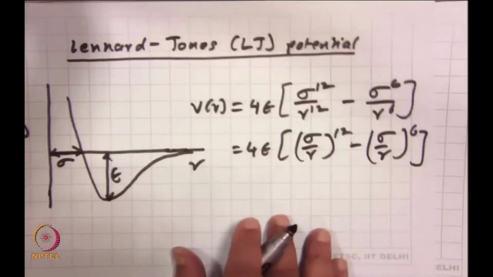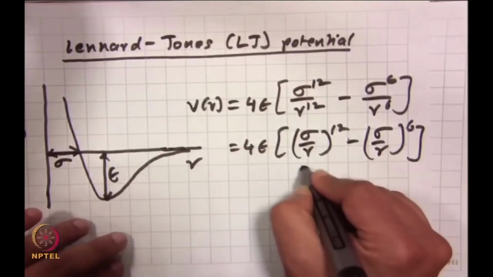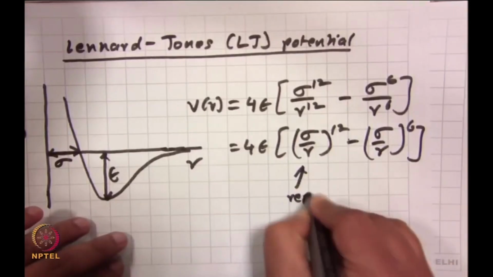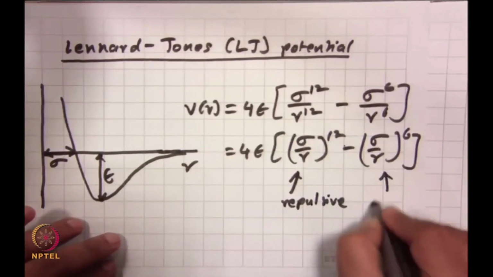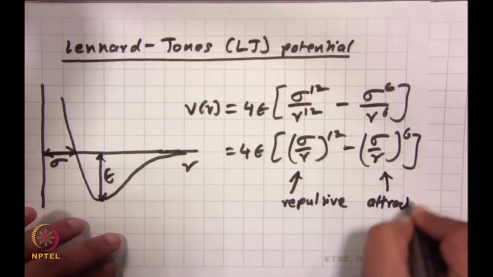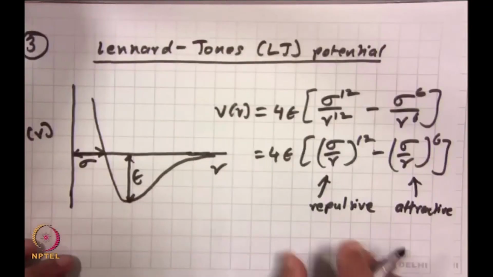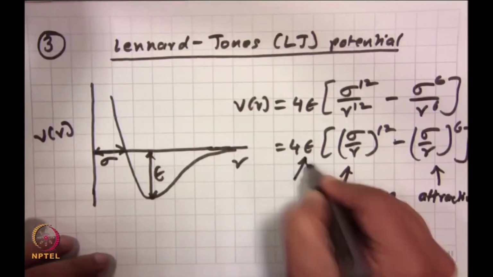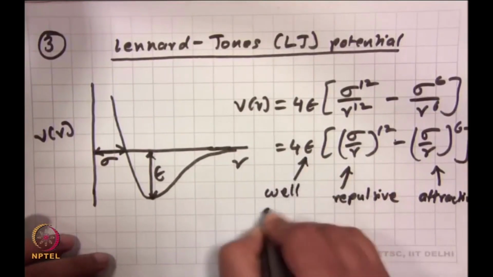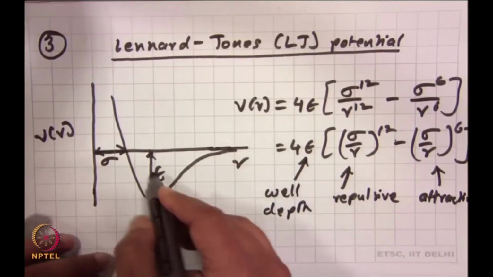So this is the Lennard-Jones potential. What it does is, this is a repulsive term, this is the attractive term, okay, repulsive, attractive. This is your well depth as it has been defined here.